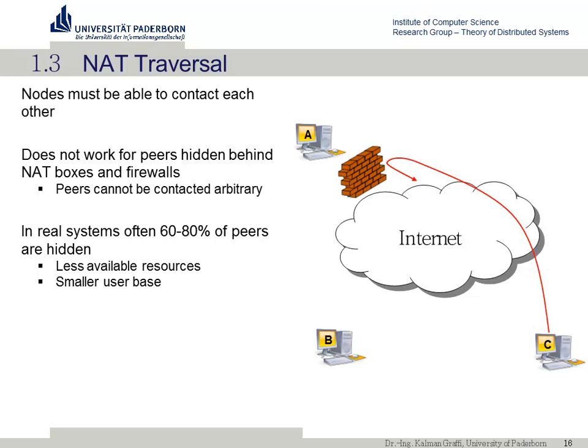But if somebody from outside wants to contact you, then it doesn't go through, because internally you just have to imagine there's not only node A but also node D, E, F, G, H, any kind of nodes, probably 10, and any message that is directed to the public address of this NAT cannot be assigned to one of these 10 or 20 nodes behind it, because you don't know which node should get it. And the same for that other node.